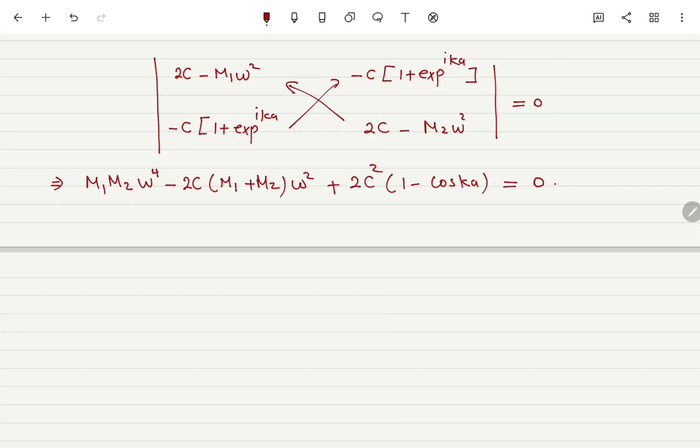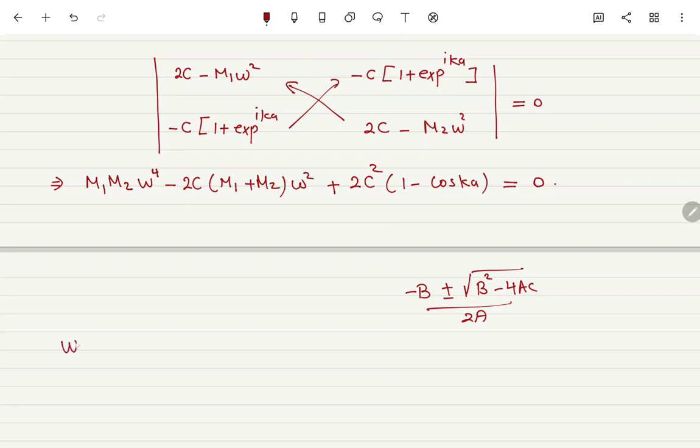To solve this exactly for omega square, let's use the general rule: minus b plus or minus square root of b square minus 4ac, divided by 2a. Now let's just use it in this equation here.